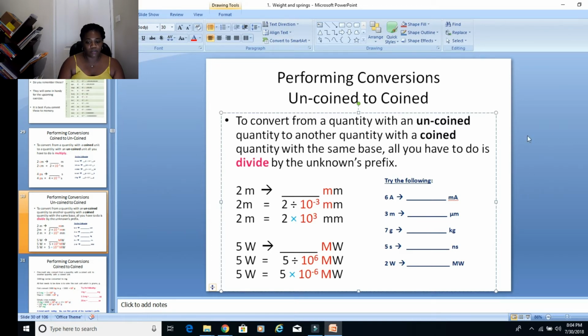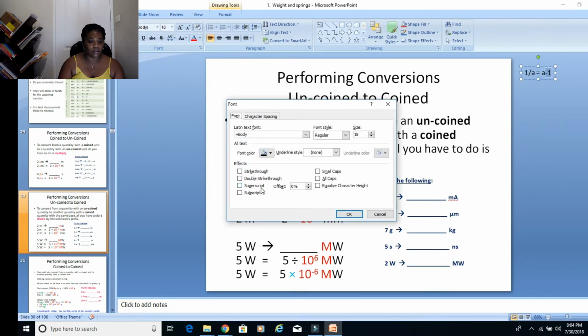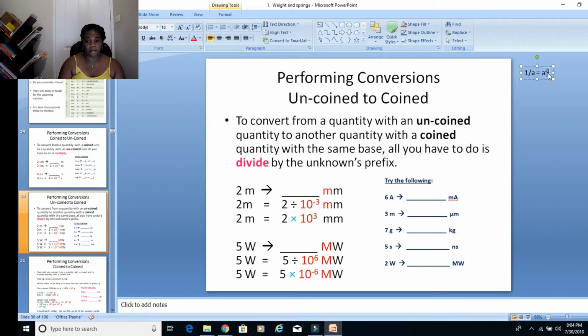All you're doing, anytime you remember what I showed you, let me open a text box here. Okay, so remember I told you 1 divided by a is basically equal to a to the negative 1. Right? Remember, anything that is 1 is actually itself to the power of 0, correct?